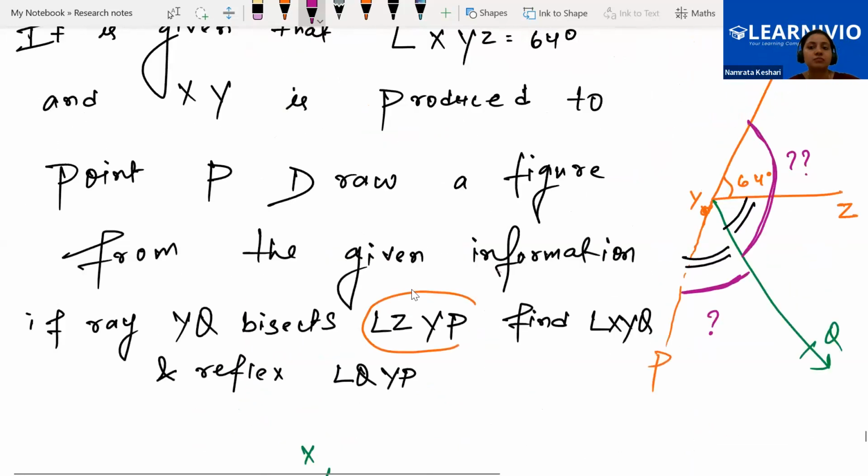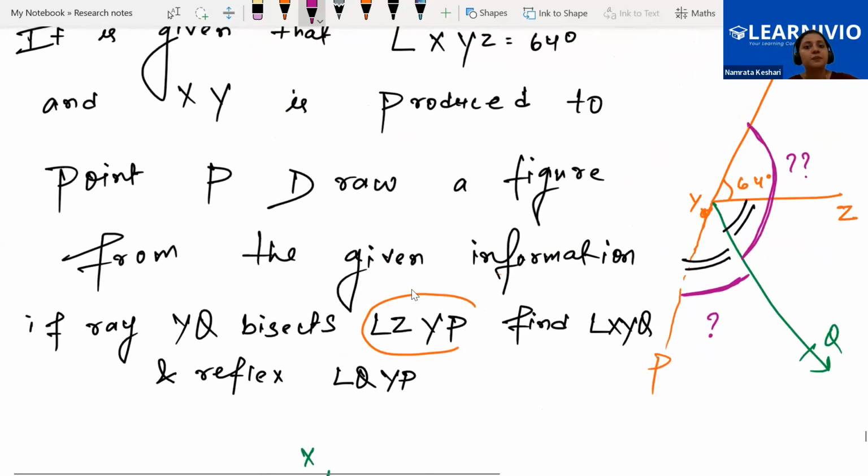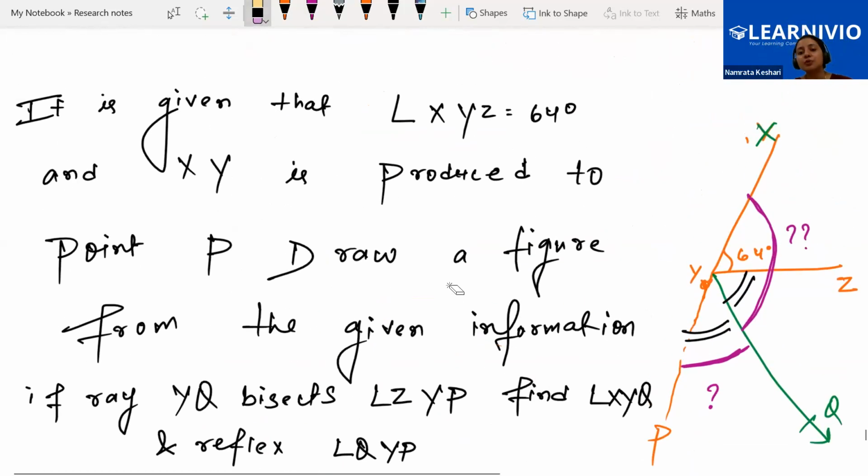It will not make any difference. Your figure can be tilted here and there, but exactly the same way it has to be there. Are you getting it? How to approach the drawing part? How to make the figure? Yes, ma'am.